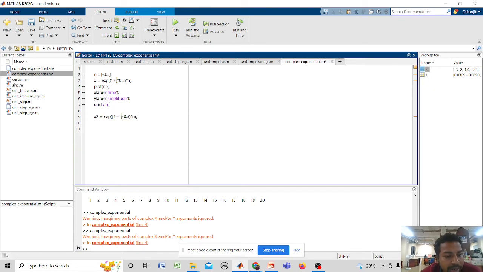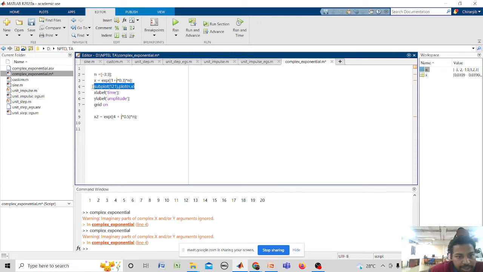So I want to plot this function. If we want to plot both the graphs in parallel, we have to use subplot. So subplot 1 2 1. Fine.